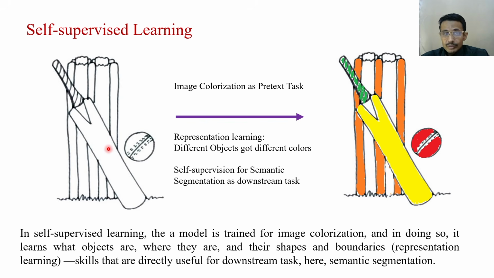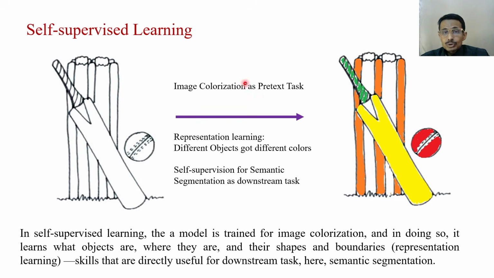This information was not given, that these are different objects: bat, ball, wicket. So the model learns what the objects are, where their locations are, and their shapes and boundaries, how the bat, the wicket, and the ball look. This is called the representation, and learning this information is called representation learning.